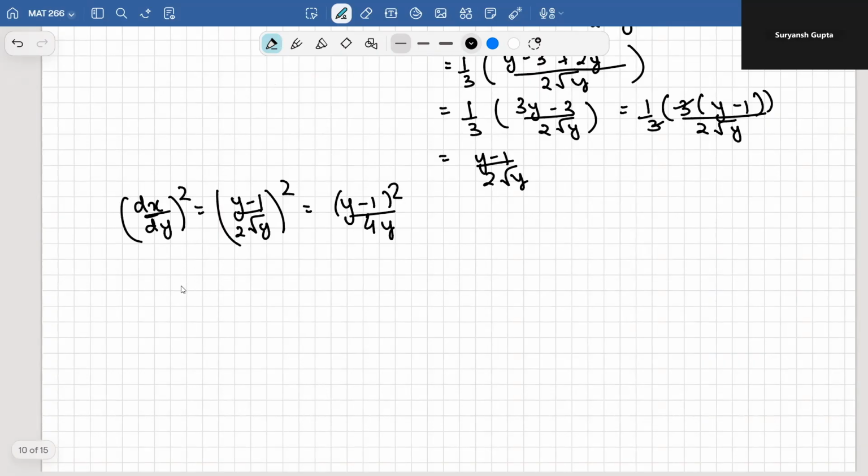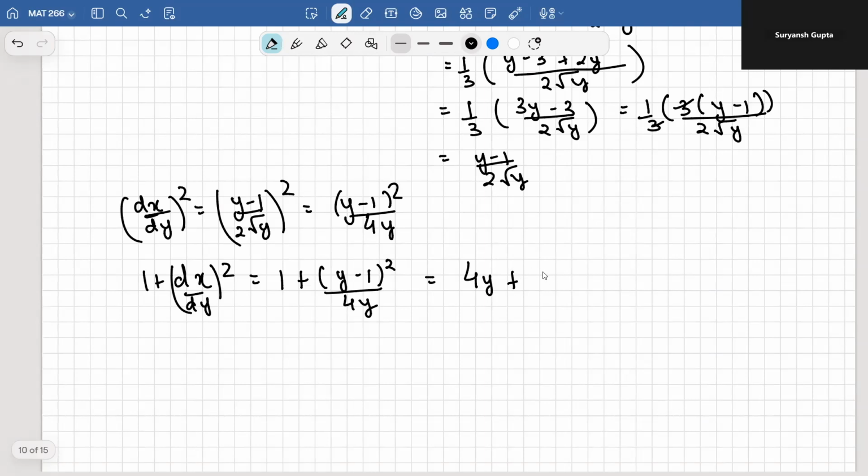Next, I need to add this to a 1. So the next step is 1 plus dx by dy whole square, and just adding it to 1, I get 1 plus y minus 1 square divided by 4y. Again, I'll take a common denominator here, so I get 4y. I'll expand the y minus 1 square bracket.